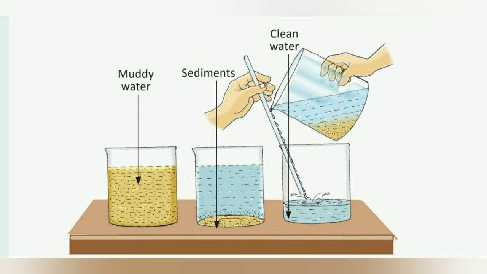After some time, what we will observe is that the insoluble impurities all settle down at the bottom of the container. You can look at this picture. Here it was muddy water. Then the insoluble impurities settled down at the bottom of the container and this we call sediments.